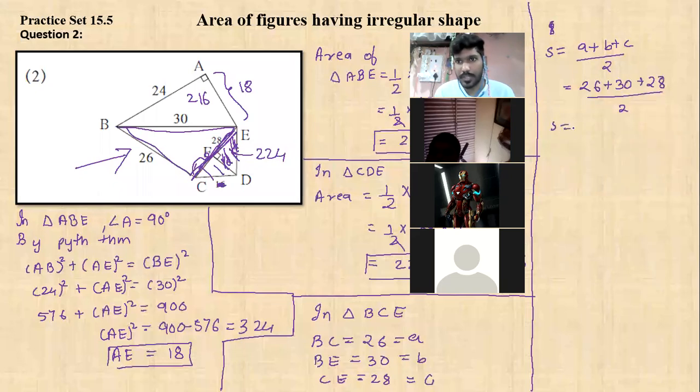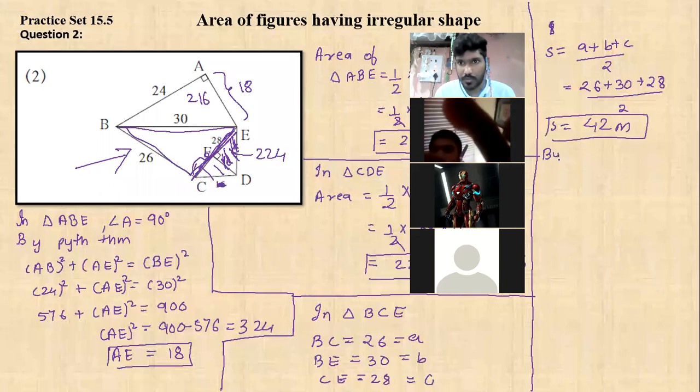So what will be the semi-perimeter? 42. Yes, 42 meters. Now we have found the semi-perimeter, we can use Heron's formula.